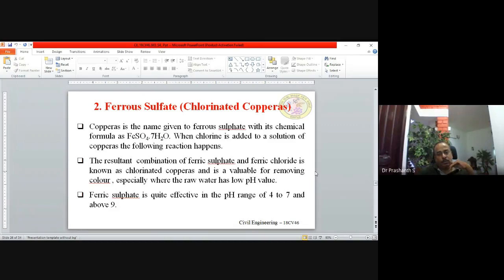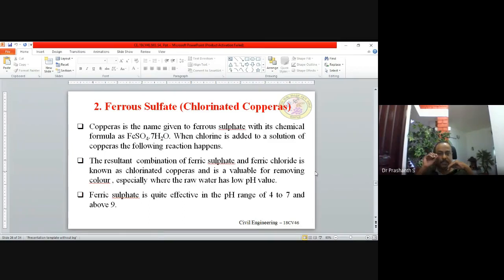Copperas is the name given to ferrous sulfate with its chemical formula FeSO4·7H2O. When chlorine is added to a solution of copperas, the following reaction happens. The resultant combination of ferric sulfate and ferric chloride is known as chlorinated copperas.